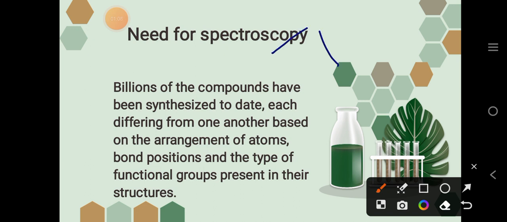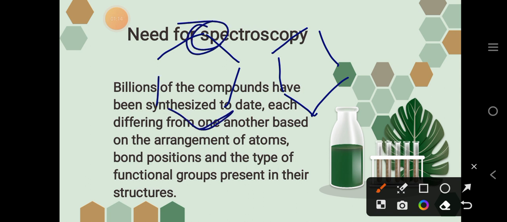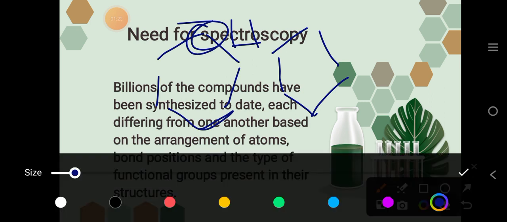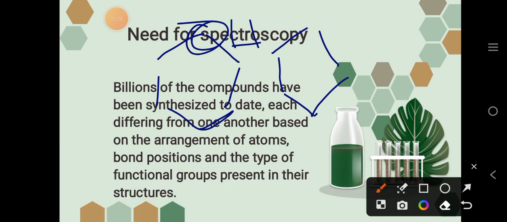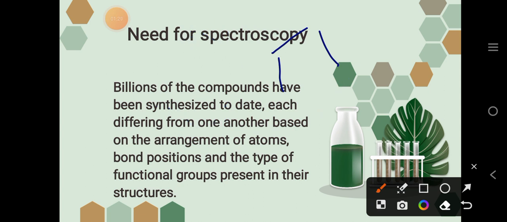For suppose we have the structure of benzene, and we have the structure of toluene, with CH3. So we have different kinds of compounds, and all the compounds have different structures.